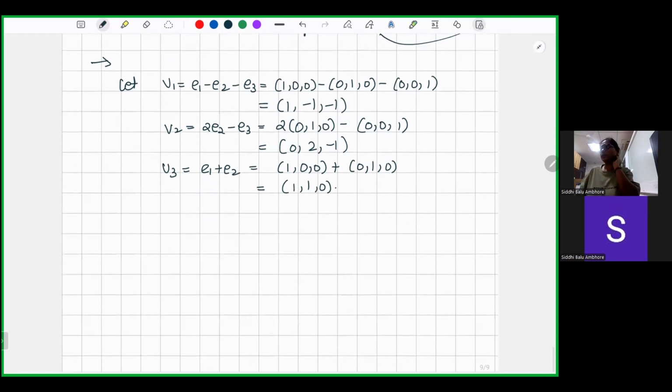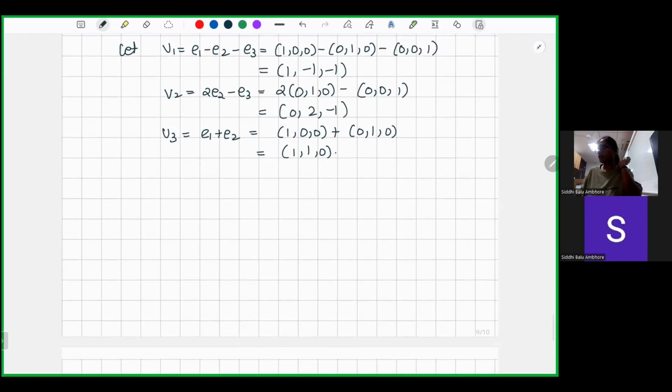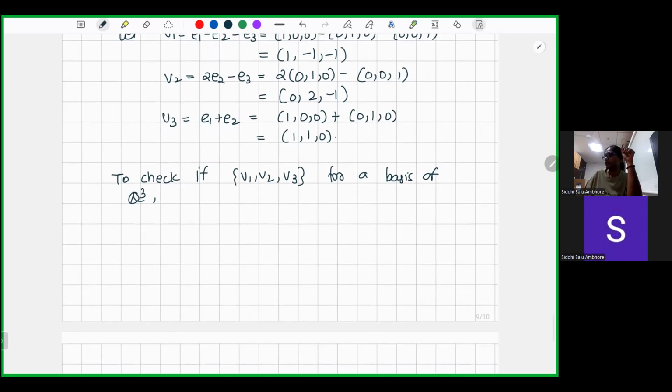Okay. So to check if V1, V2, V3 form a basis of Q3, we need to check whether they are linearly independent, because we don't need to check the span.